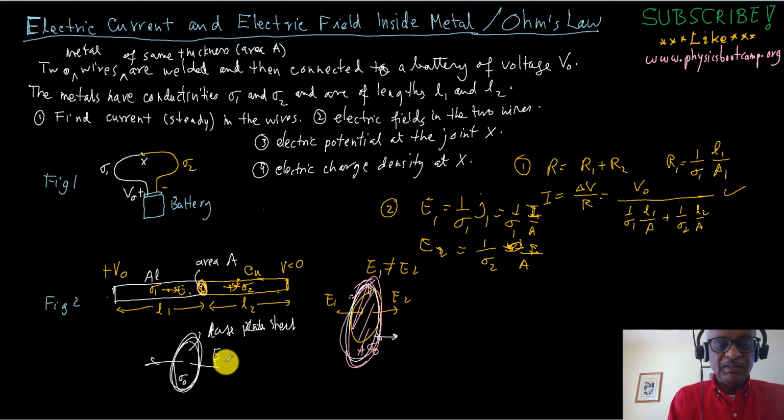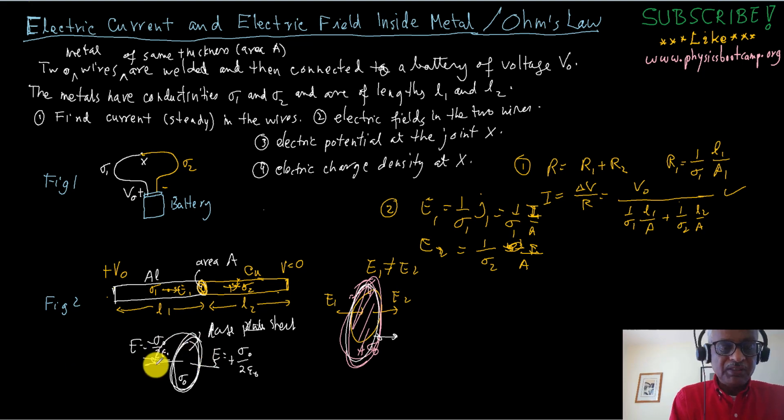The field will be E equals sigma 0 over 2 epsilon naught, pointing that way, and on the other side E equals sigma 0 over 2 epsilon naught, pointed this way.